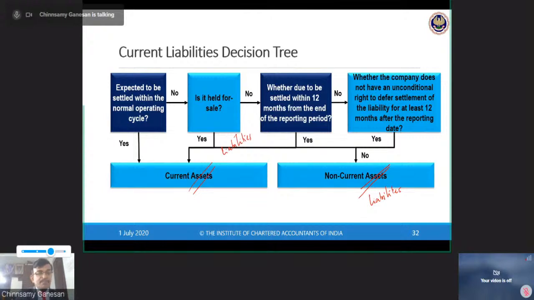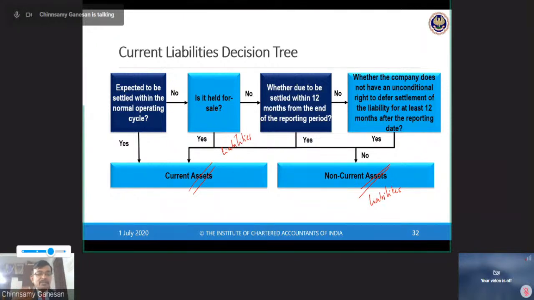If I have taken a loan and I have a 1 year moratorium, we have to test the date on which the loan has been taken. For example, if I have taken the loan on 1st of April 2019 and we are preparing the financial statements for 31/3/2020, the 1 year holiday period ends on what date?